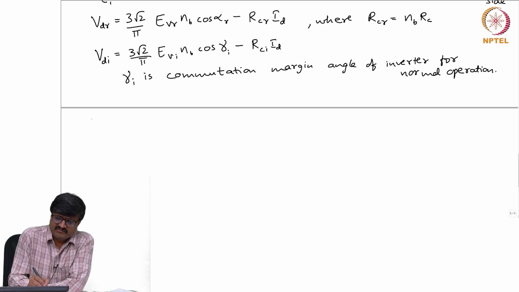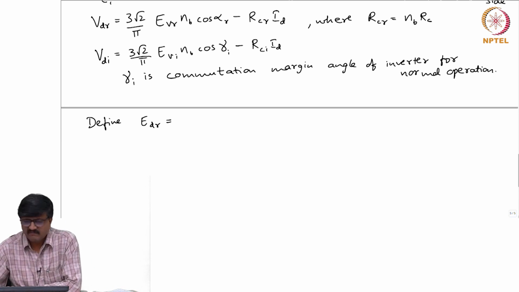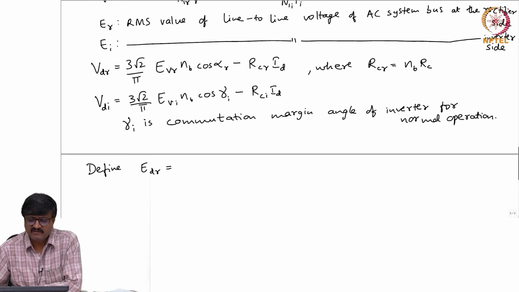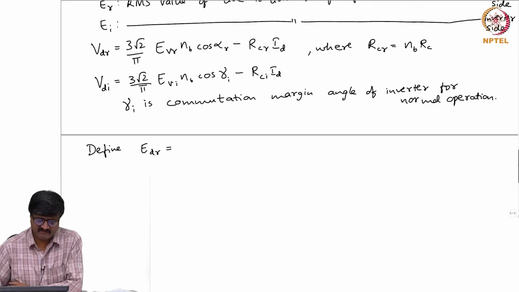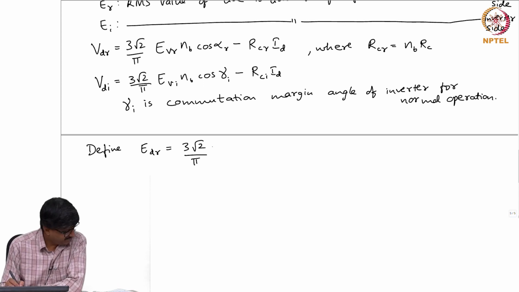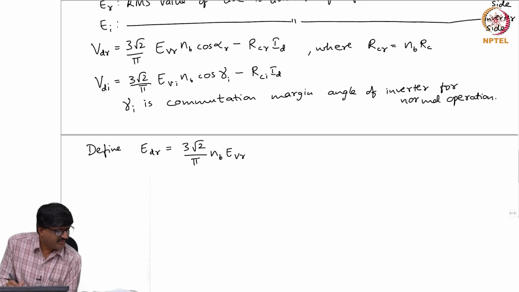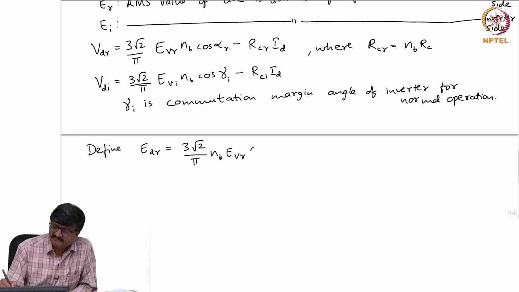Now, I will use a few more notations. I have already defined ER, EVR. Now, I am defining EDR as 3 root 2 by pi NB EVR into cos alpha r.